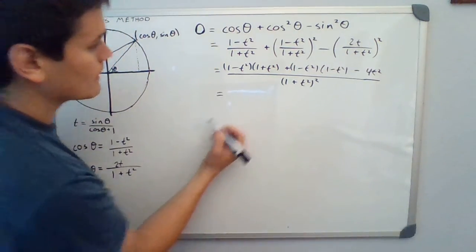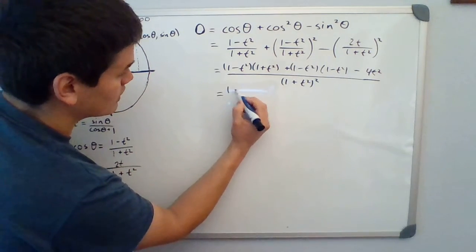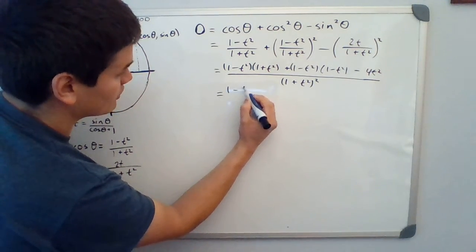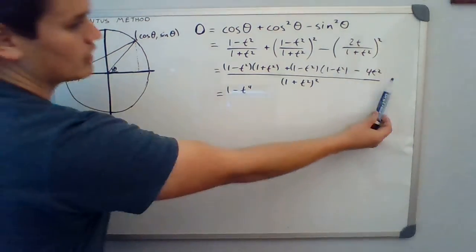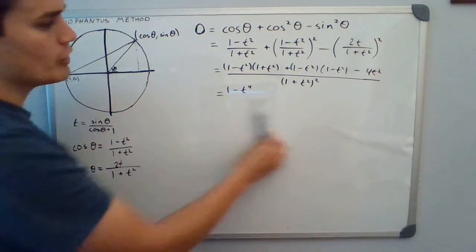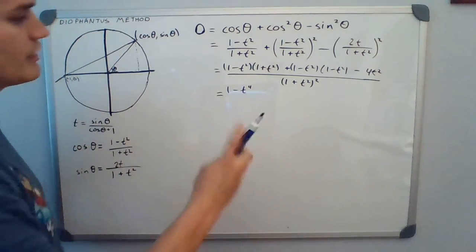Okay, so now this one is going to be 1 minus t to the fourth. I'm going to multiply all these out into a polynomial, and then we're going to cancel like terms.